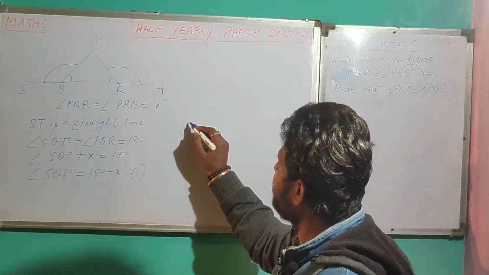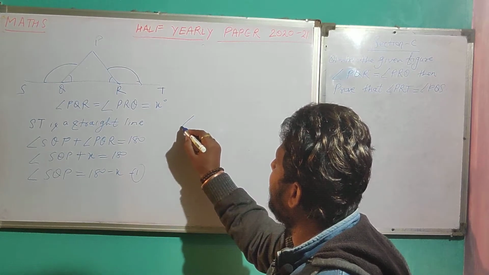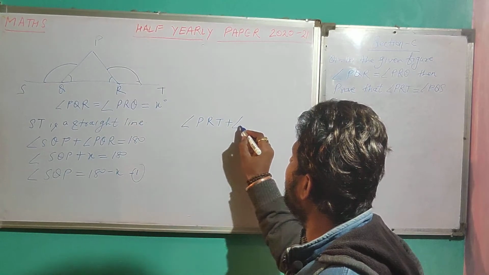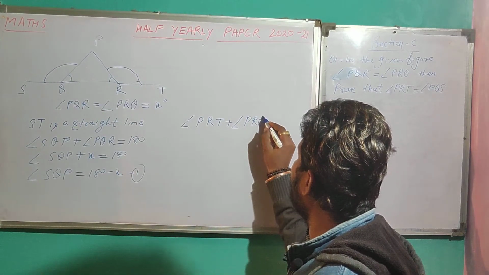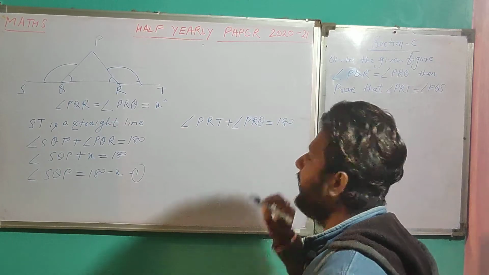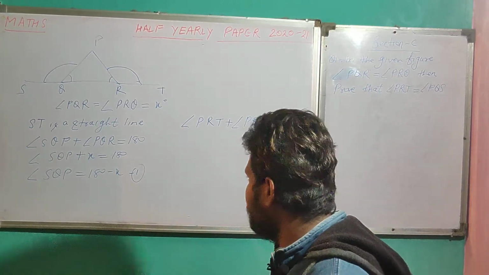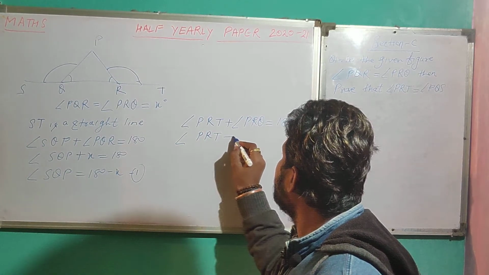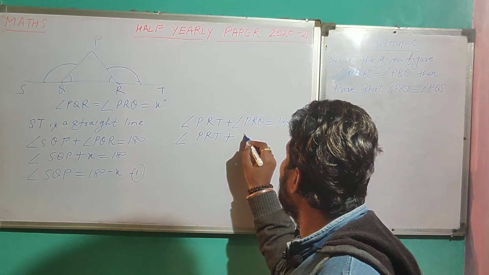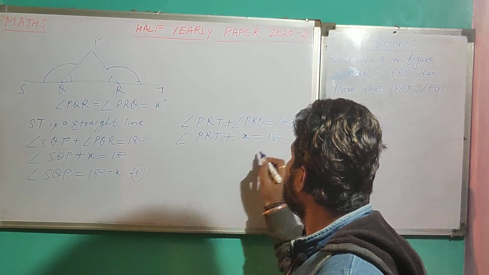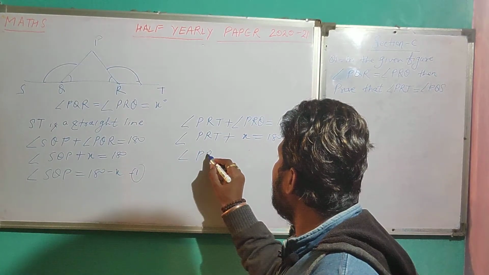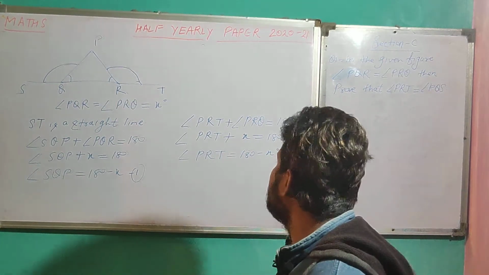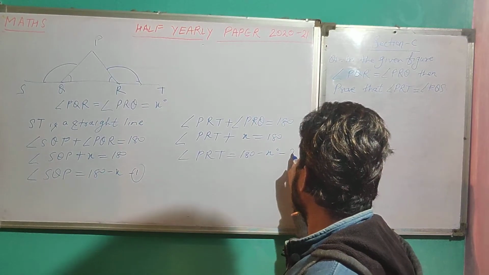Similarly, angle PRT plus angle PRQ is equal to 180, straight line 180. Angle PRT plus angle PRQ, X, is equal to 180. So angle PRT is equal to 180 minus X. Suppose this is 2.